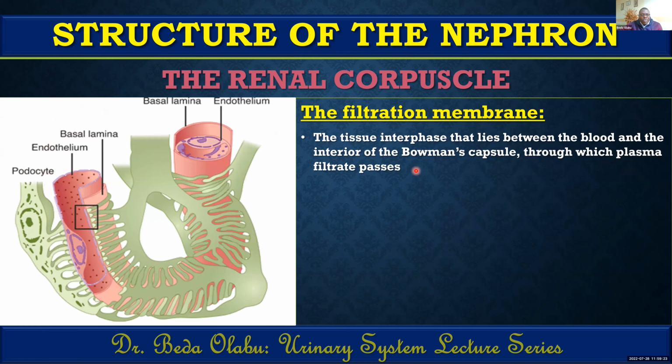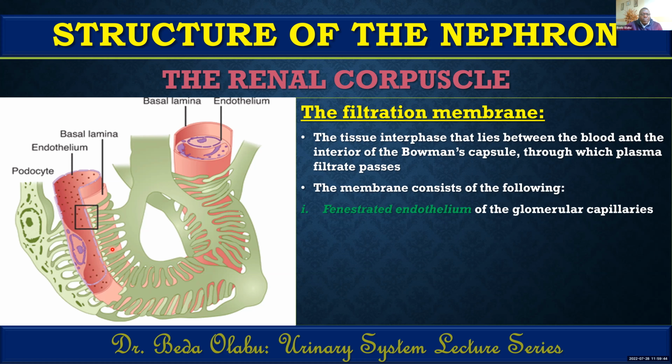So the filtration barrier consists of, if we remember, we mentioned that blood will be flowing through here. It will have to go through this cell, then the basement membrane, then the podocyte processes. So we can say that the filtration membrane consists of the following.